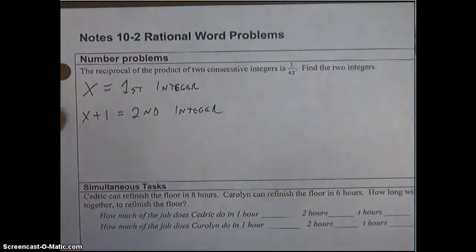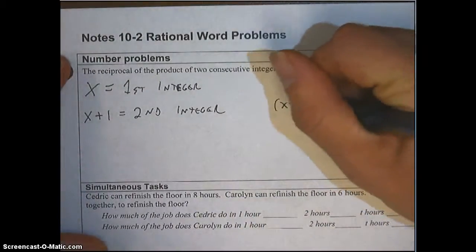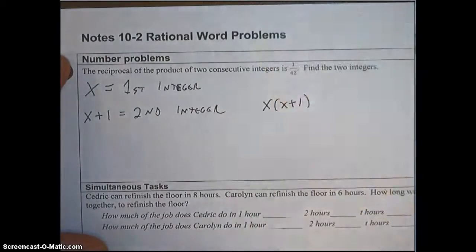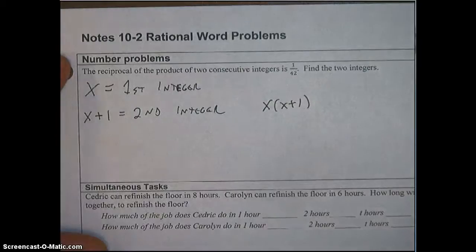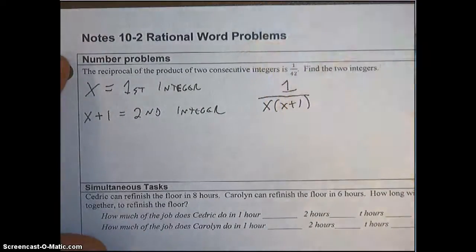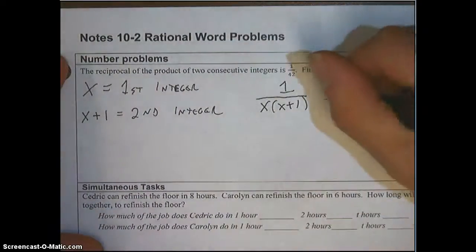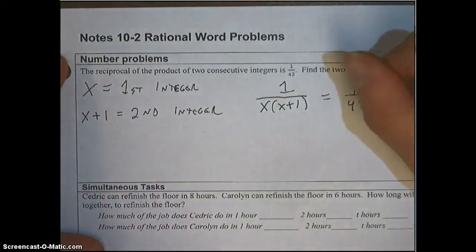And I know that the reciprocal of the product of these things is 1 over 42. So first off, the product is just x plus 1 times x. The product means multiplication. But the reciprocal of that is 1 over x times x plus 1. I know all of that equals 1 over 42.